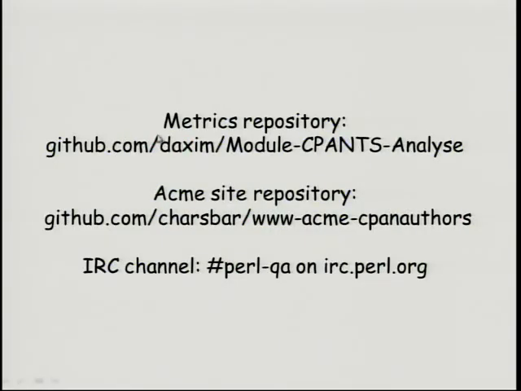The metrics repository is github.com/charsbar/modules/cpants-analyze, and my Acme site repository is github.com/www/acme-cpan-authors. And for IRC channels, we usually use #perl-qa on irc.perl.org.